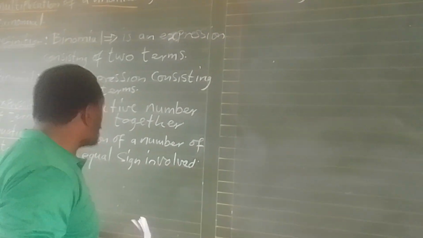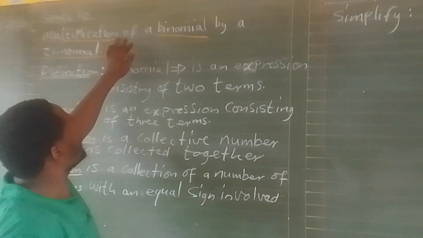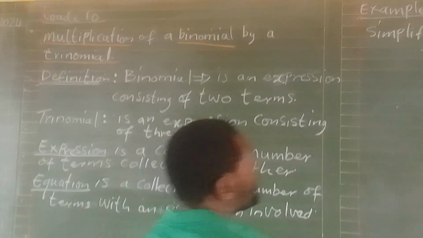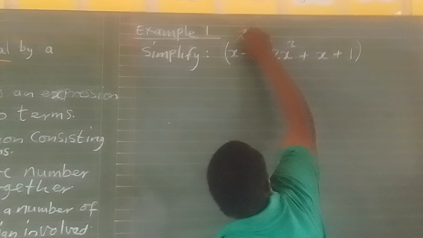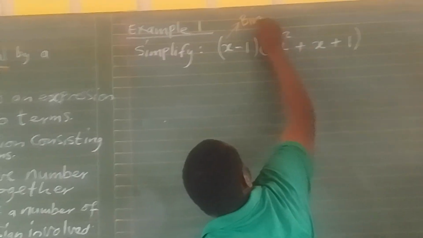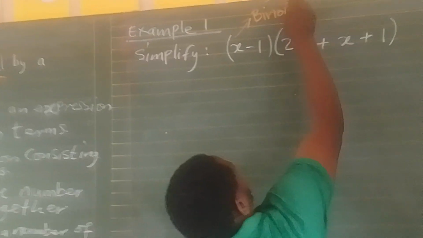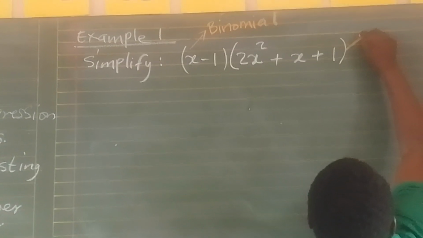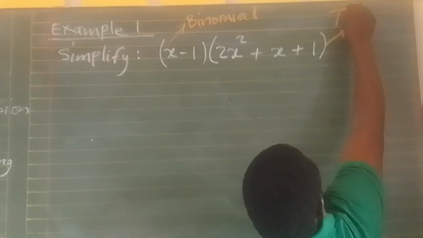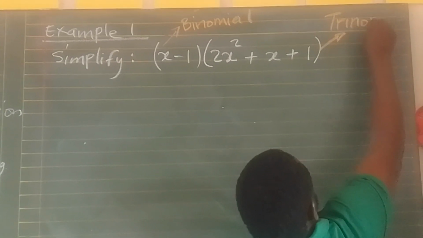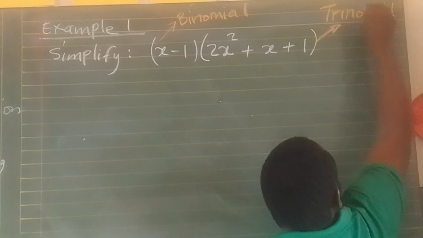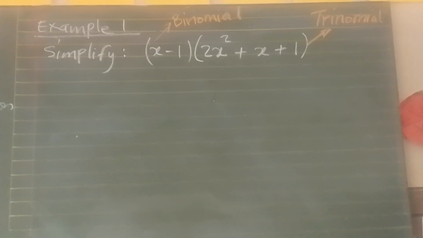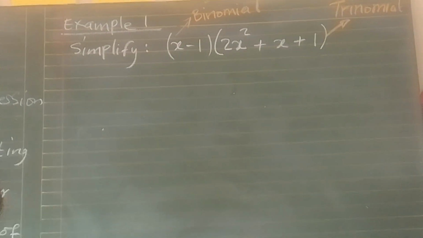Remember, the topic says it's a multiplication of a binomial by a trinomial. Here we have a binomial, and here we have a trinomial. Trinomial means 1, 2, 3 terms.